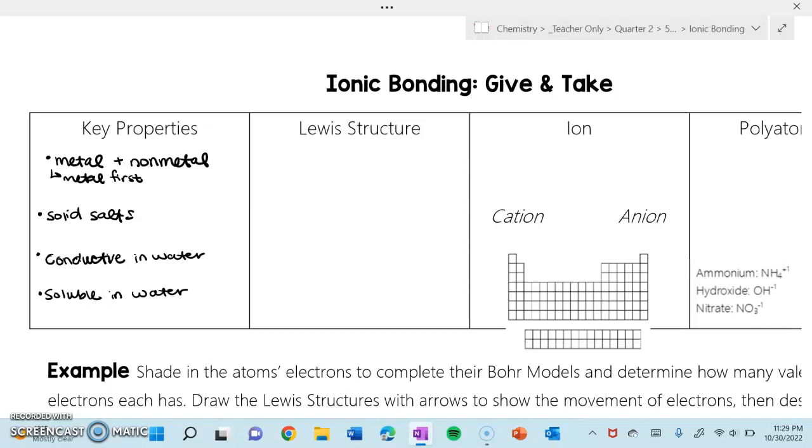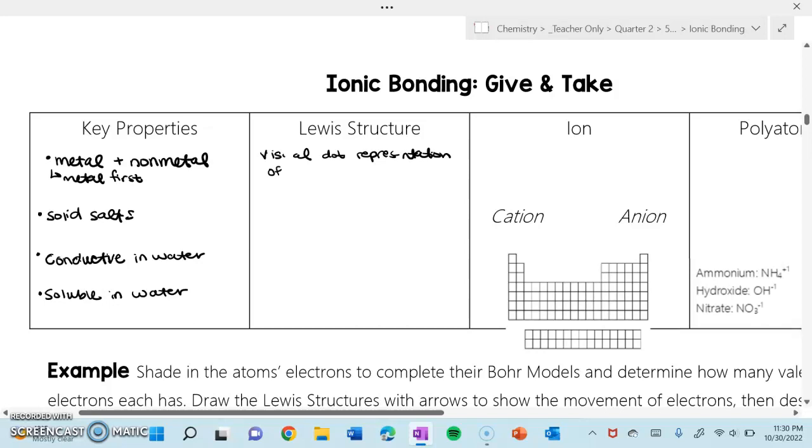We can show the valence electrons visually using a Lewis structure. So a Lewis structure is just a visual dot representation of our valence electrons.